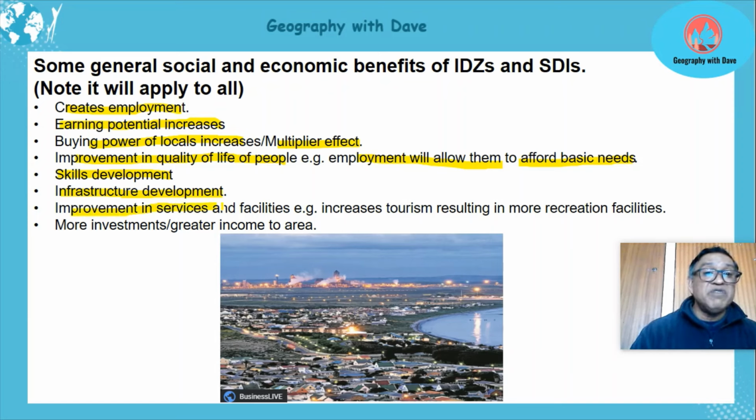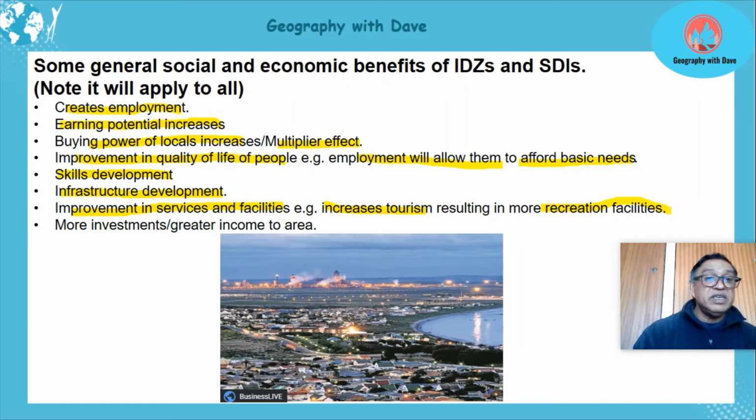Improvement of services and facilities in the area. Example, increased tourism, resulting in more recreational facilities, health facilities, education facilities. Now we have to train the people to do the job.